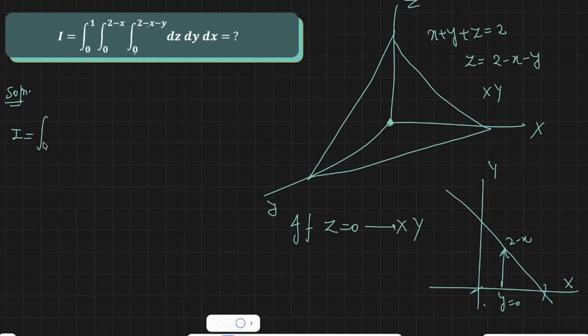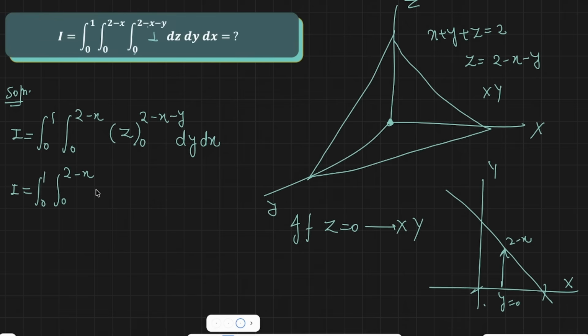I is equals to integral 0 to 1 as it is, 0 to 2 minus x as it is, dz it is 1, nothing is given, so you just write z, limit is from 0 to 2 minus x minus y, dy dx. Now you put the limit, this is 0 to 1, this is 0 to 2 minus x. Put the limit, you will get 2 minus x minus y, 0 will be 0, and this is dy dx. Now you integrate, this is double integral. Now you integrate with respect to y, this is 0 to 1.